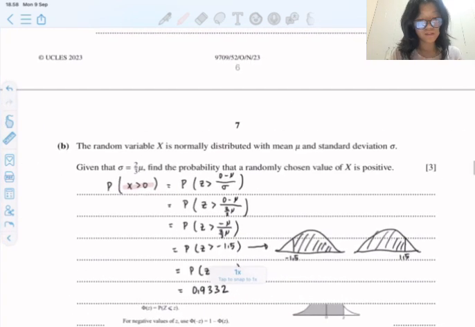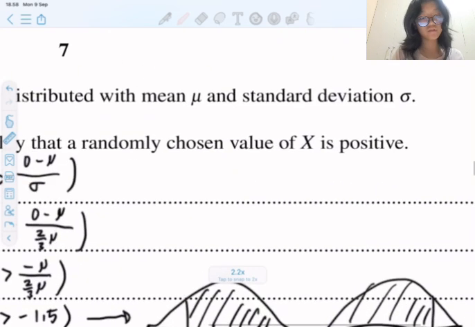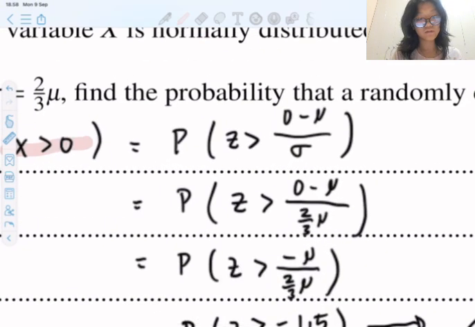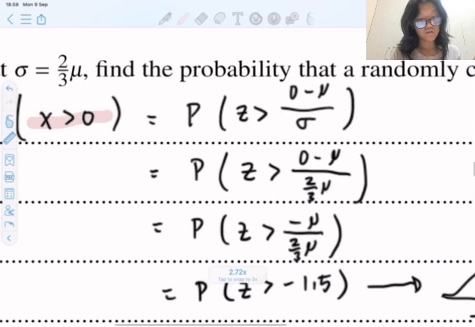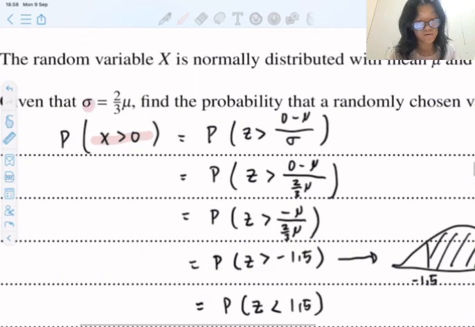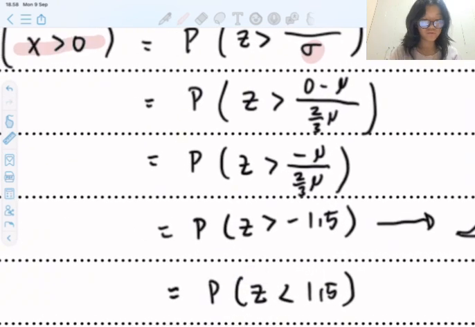Because we want the value to be positive, it has to be greater than 0. If it's less than 0, that means it's negative. So probability z is greater than 0 minus mu over the standard deviation. So you just plug this one in. 0 minus mu is minus mu, and then you equate it to minus 1.5.